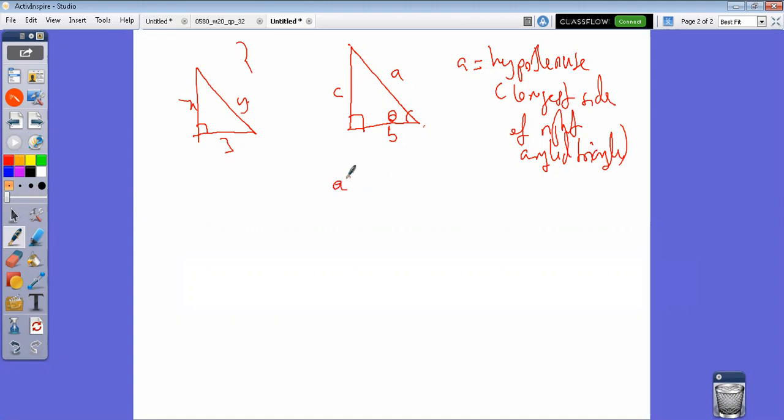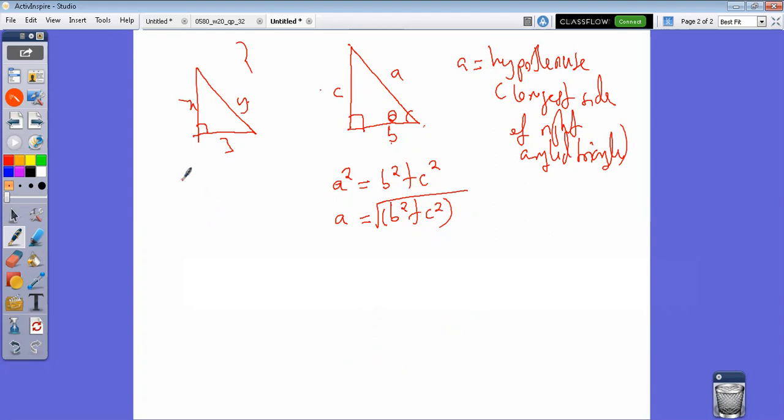It comes from this relationship here, that A squared is equal to B squared plus C squared, which means A is equal to the square root of B squared plus C squared. Clear? So to find the longest side, in summary, I square the other two sides, I add their sums and I find the square root.